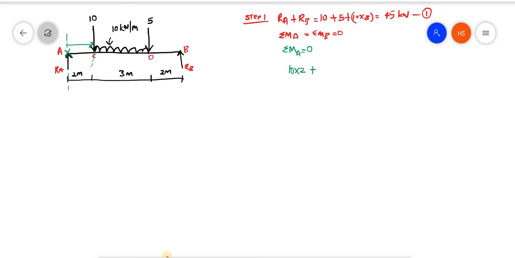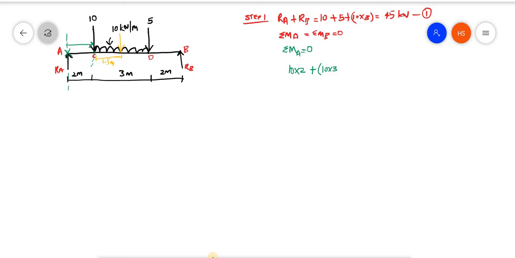Plus, due to this UDL, you have to listen clearly. The load is 10 into 3, which is assumed to act at the center, that is 1.5 meter from here. The equivalent load will be acting at 1.5.